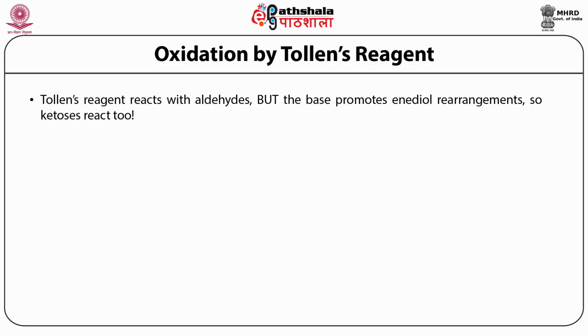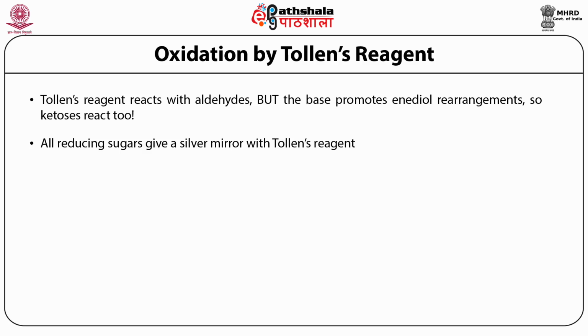But because these reagents are basic in nature, the base in this reagent promotes enediol rearrangement, as we saw previously in the ketoses, leading to the generation of isomeric aldoses. And so ketoses also test positive with Tollen's reagent. So all sugars or all monosaccharides that have a free aldehyde group available are called reducing sugars, and all these reducing sugars will test positive with Tollen's reagent.